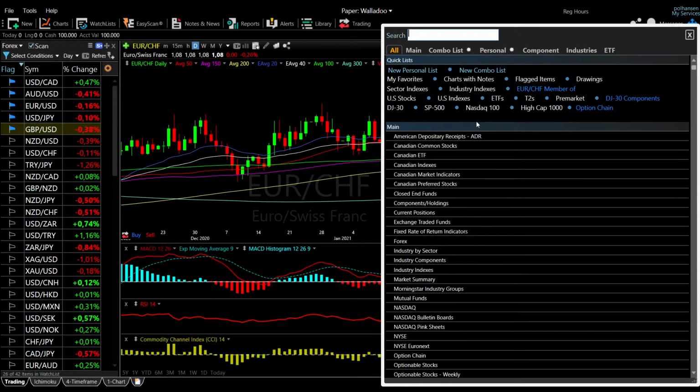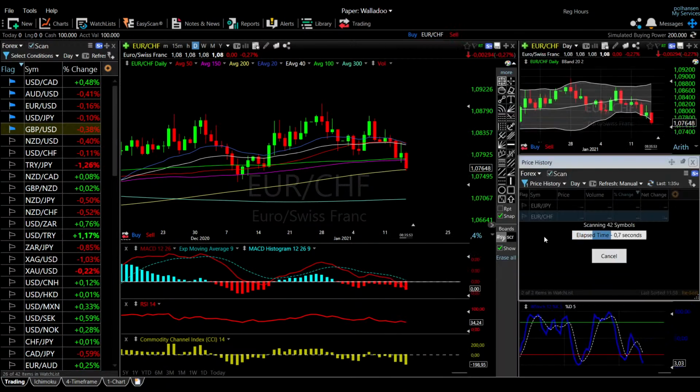Foreign exchanges here, NASDAQ, S&P, Dow Jones, the high cap over 12,000 stocks in the United States, and of course this only has the United States, and it is more than enough as there are over 5,000 stocks available on the stock exchange. But we can look, for example, at the foreign exchange.